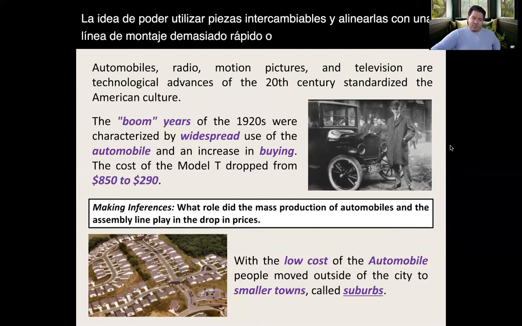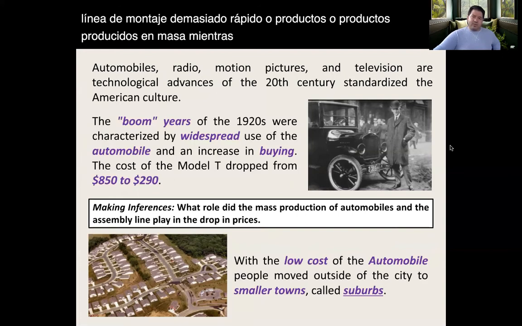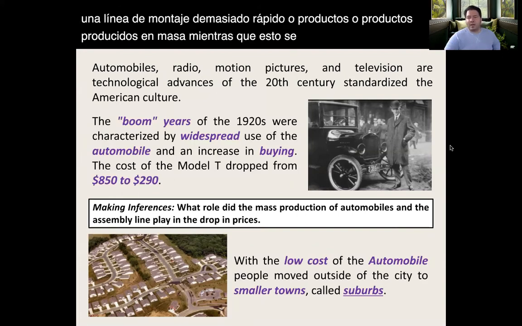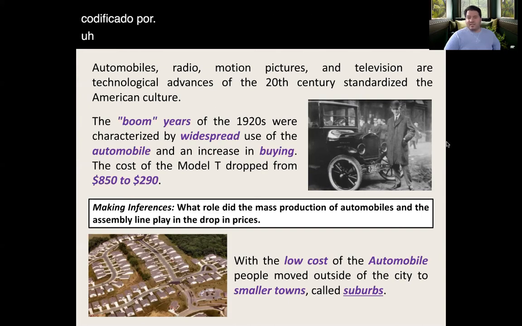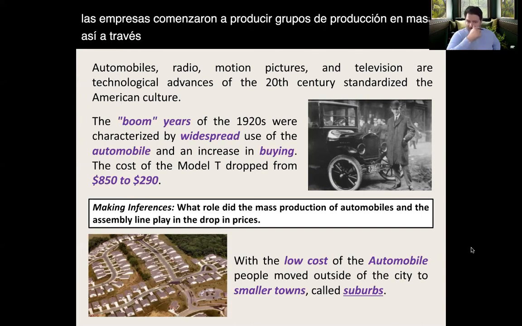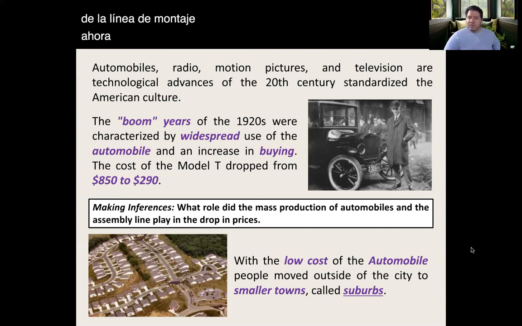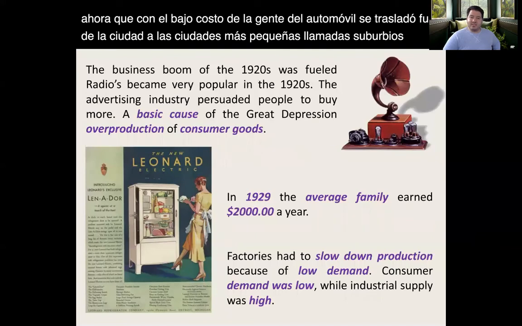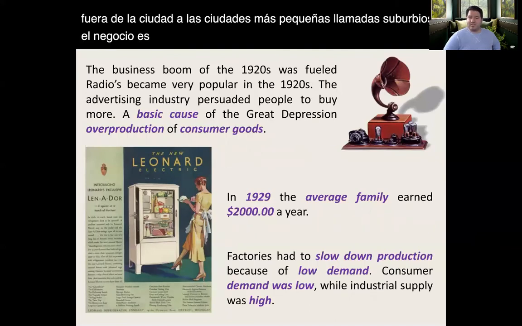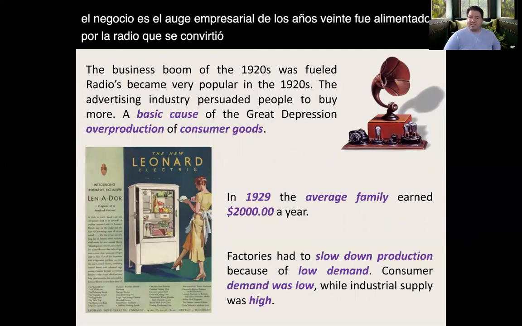While this was utilized and really codified by Ford, many other businesses did the same. With the low cost of the automobile, people moved outside of the city to smaller towns called suburbs. The business boom of the 1920s was fueled by radio, which became very popular in the 1920s. The advertising industry persuaded people to buy more.